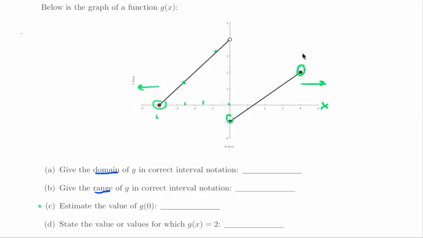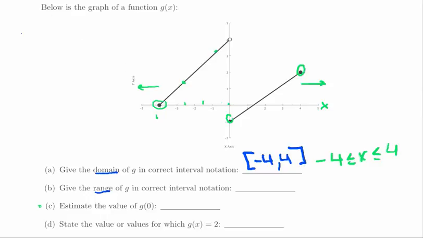So as an inequality, the domain would be the set of all x's between x equals negative 4 and plus 4, with the equal signs. And we're asked to put this in interval notation, so that would be a square bracket to include negative 4, stop at plus 4, and include that as well. So there's my answer for part A.